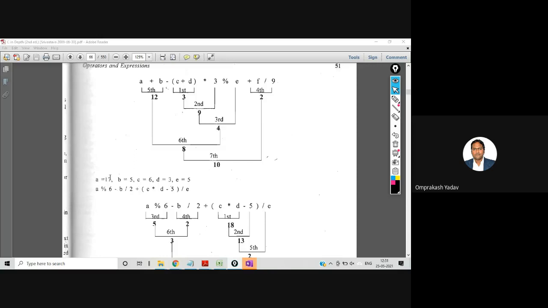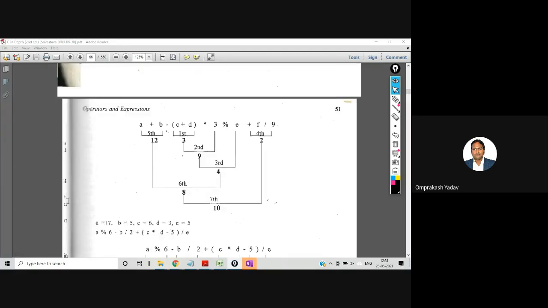So the values are given. A is equal to 17, B is equal to 5, C is equal to 6, D is equal to 3, E is equal to 5. I'm asking about the output of this question.